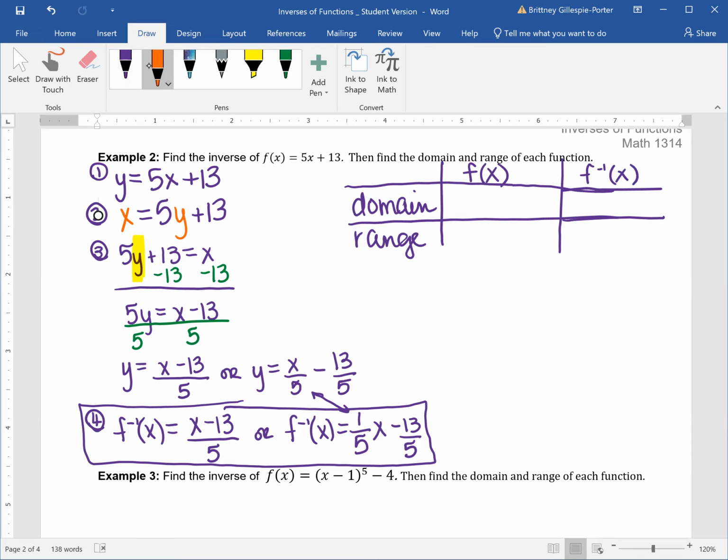So domain of f of x is a linear polynomial. We like polynomials because we know their domains are negative infinity and positive infinity. And if we found the domain of f of x, that means that we found the range of the inverse. Because remember, we flip the x and y's for our inverses.